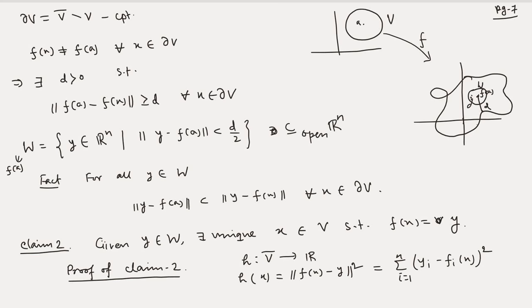Now V closure is compact and H is continuous.